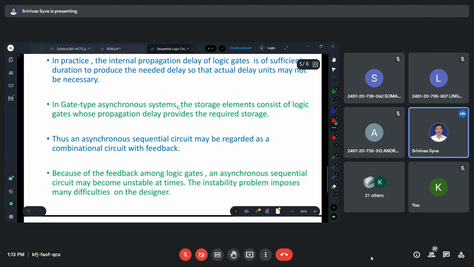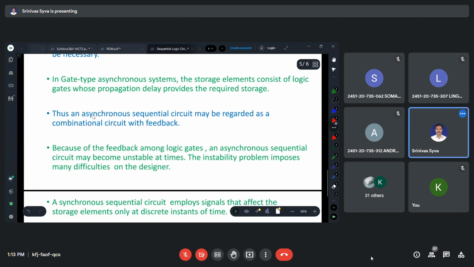So storage elements are also being constructed with those gates here. This is one good point in the asynchronous case. An asynchronous sequential circuit is nothing but a combinational circuit with some kind of feedback.